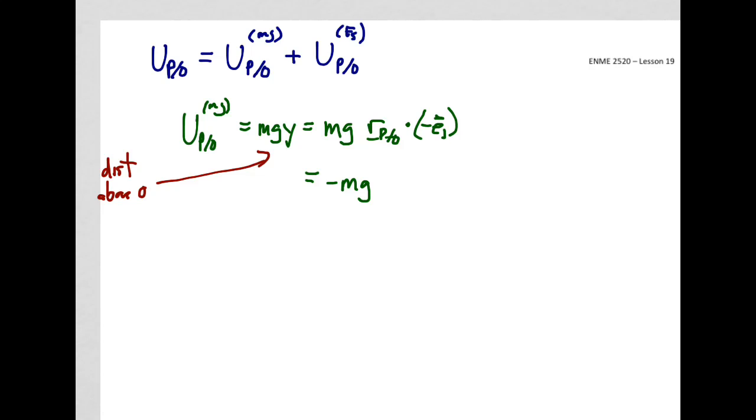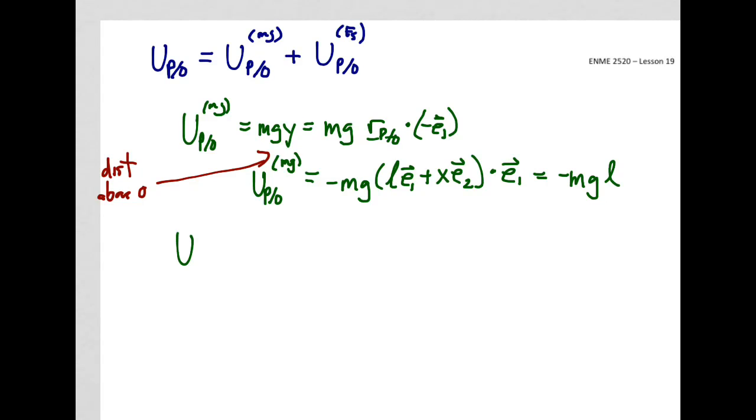We put in our position vector, L in the E1 direction plus x in the E2 direction, dotted with E1 because we moved our negative sign out. E1 dotted with E1 gives us negative mgL, and E2 dotted with E1 gives us 0.